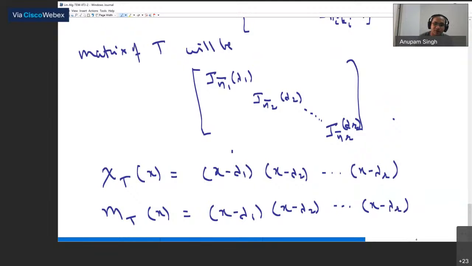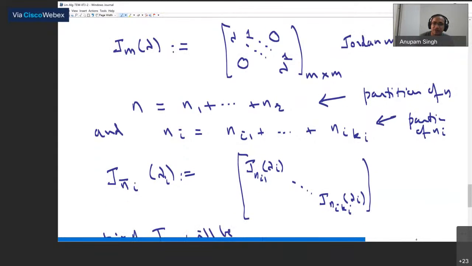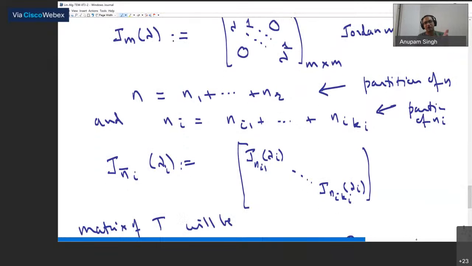The power in the characteristic polynomial will be exactly n1, n2, and nr. So that is the first partition of n. If you actually calculate the characteristic polynomial and factorize it, then you get n1, n2, nr first.